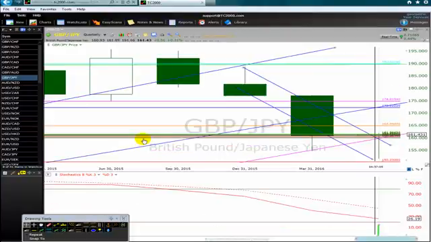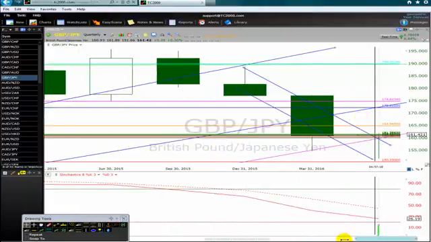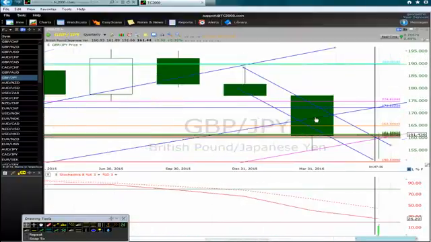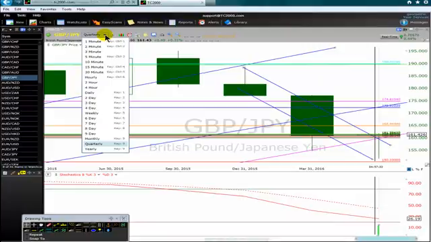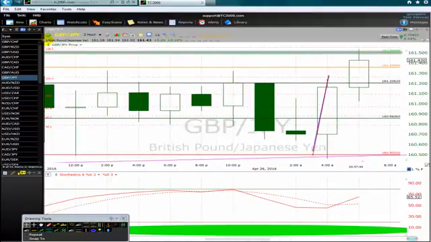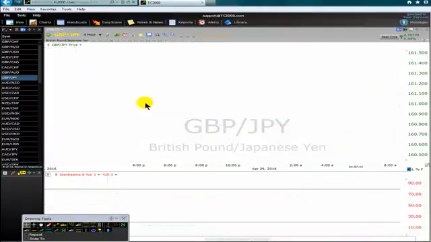Bear with me, please, my friends. I'm looking for my Fibonacci extension levels, but they are not very clear. I can't see them clearly on my chart.